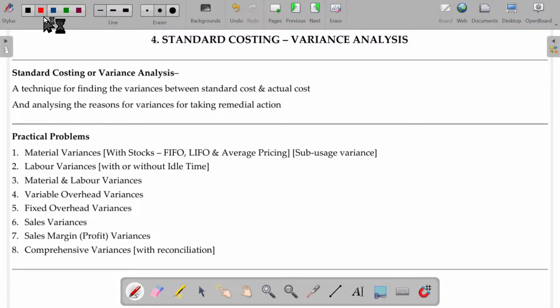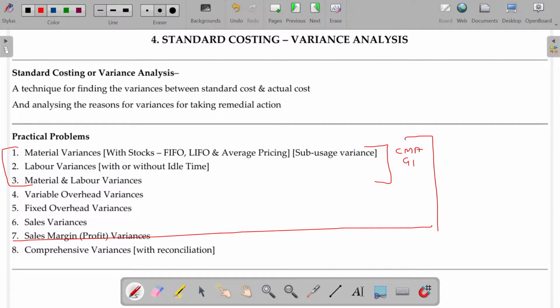Anyhow, for CMA Group 1, you have to cover these 3. These 3 are for CMA Group 1. Up to 7 is for CA Group 2. And all will come under CMA Group 2 and CMA Group 3.